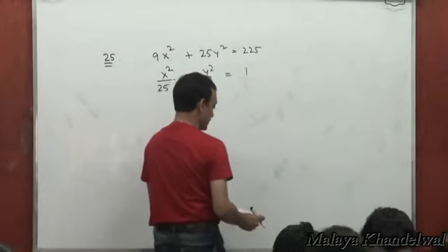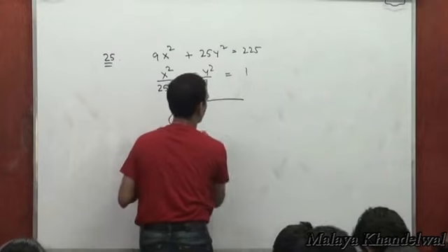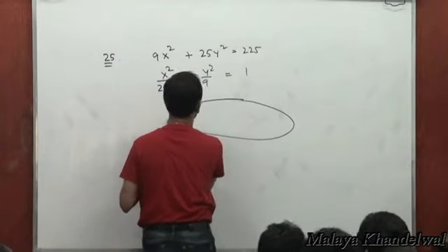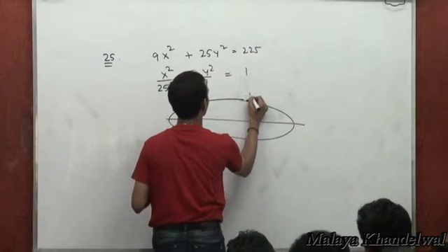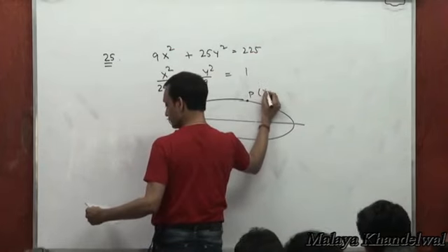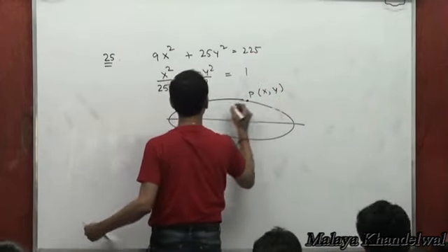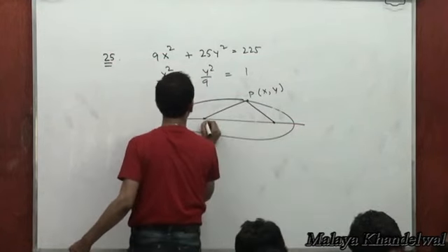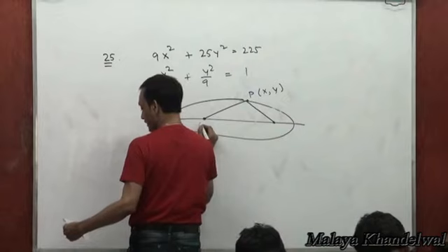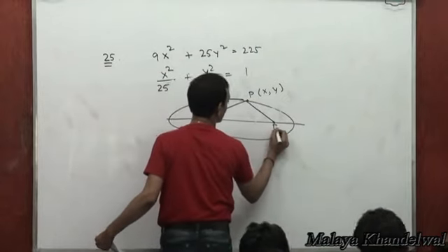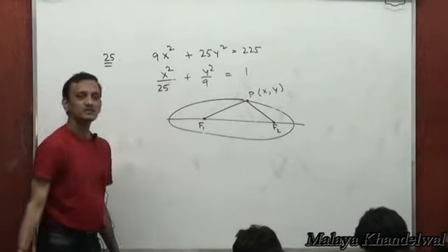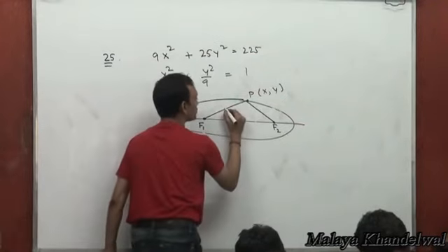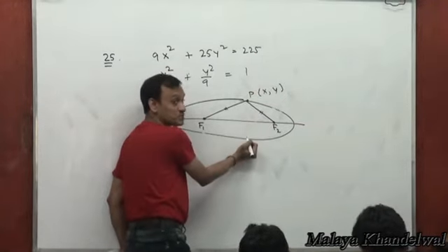Let P(x, y) be any point on the ellipse, and these are the two foci F1 and F2. Easy to see, this plus this will always be 2a. That's the property.